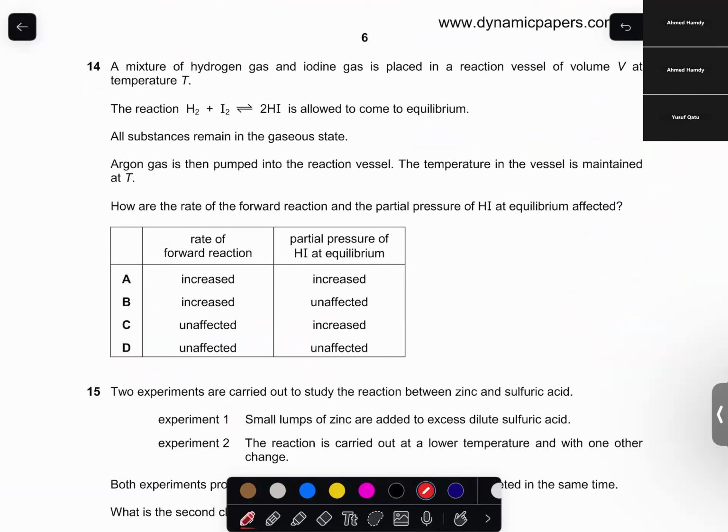Question number 14. A mixture of hydrogen gas and iodine gas is placed in the reaction vessel.